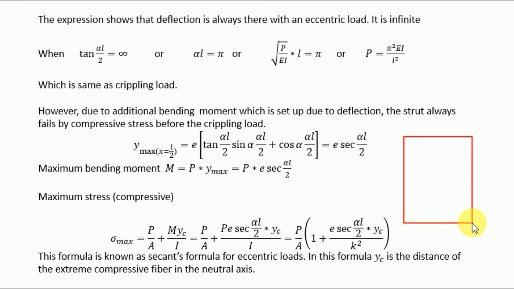If we draw the cross section of the strut, there is a neutral axis, and y c is the critical distance from the neutral axis, where the section has the maximum stress, which is compressive, because we already know that the upper part is always compressive and the downward part is in tension.